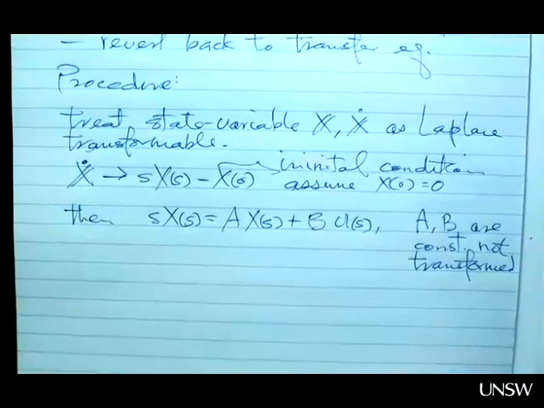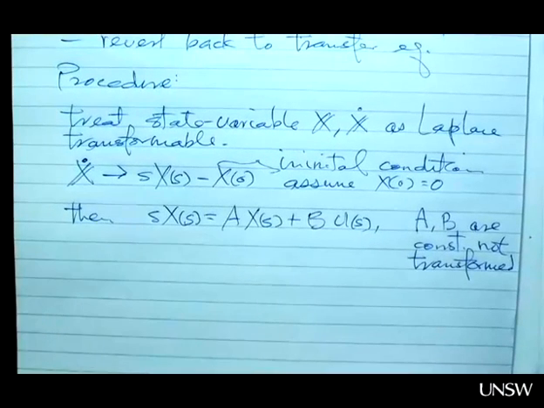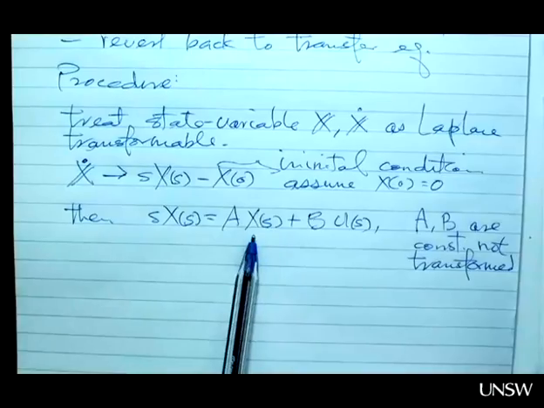Then we put the A multiplier of X(s) to the left-hand side.